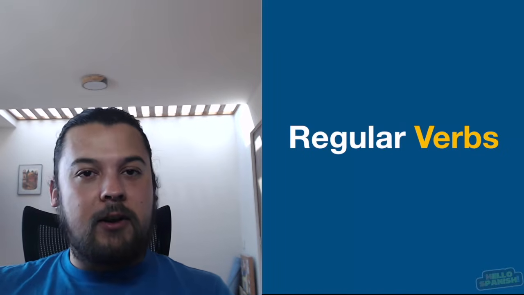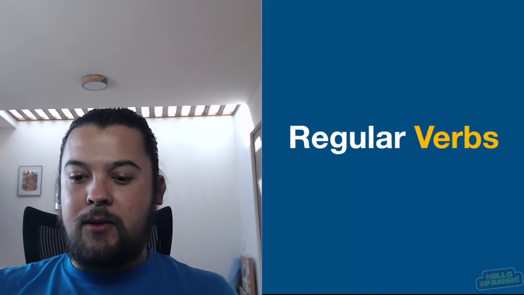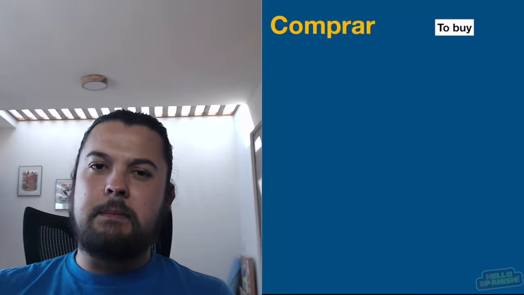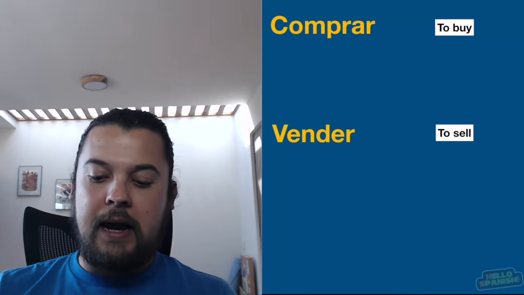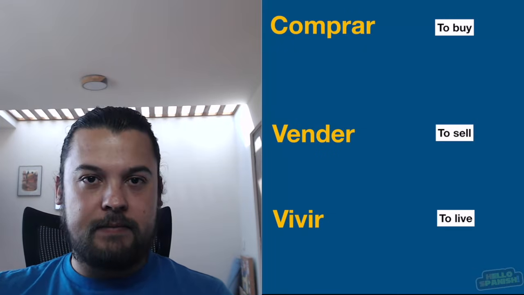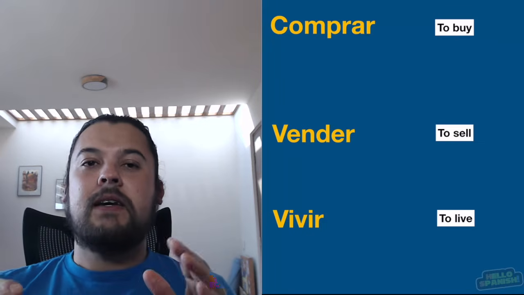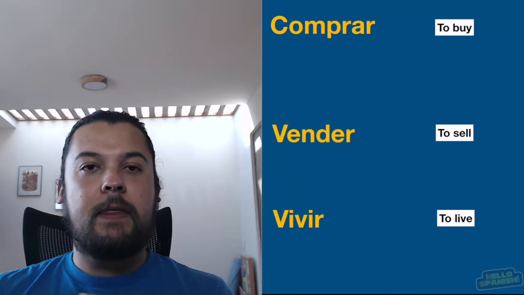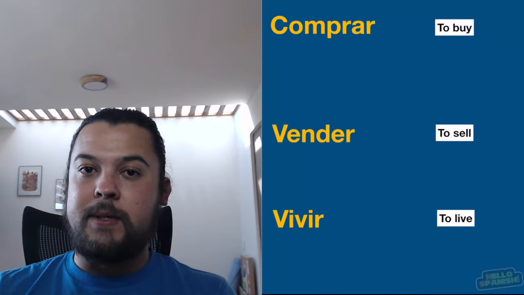Okay, so regular verbs. What are regular verbs? In Spanish, you have three kinds of verbs. It's only going to be three kinds of verbs. We have the first one, comprar, which is to buy. The second one is vender, to sell. And the third one, vivir, to live. Okay, so in Spanish, different from English, Spanish has three categories of verbs.